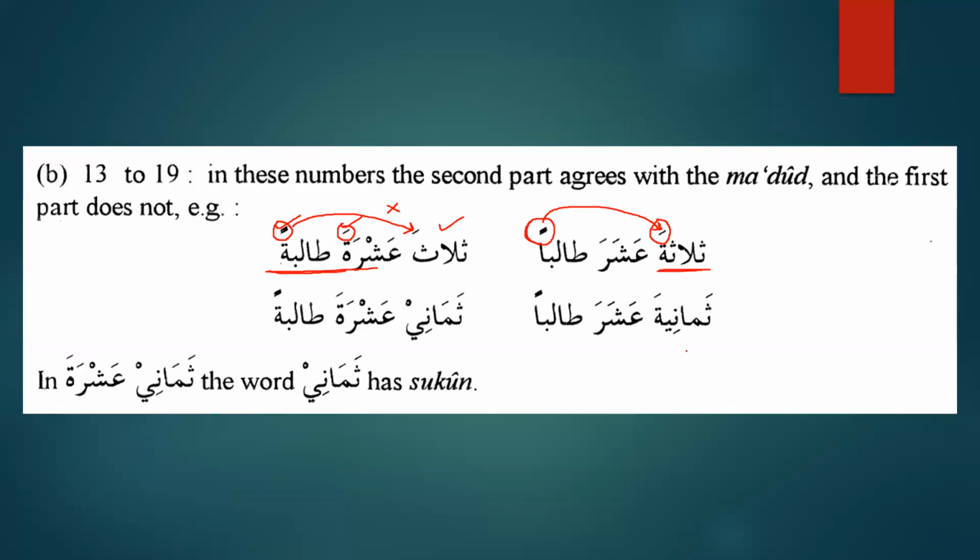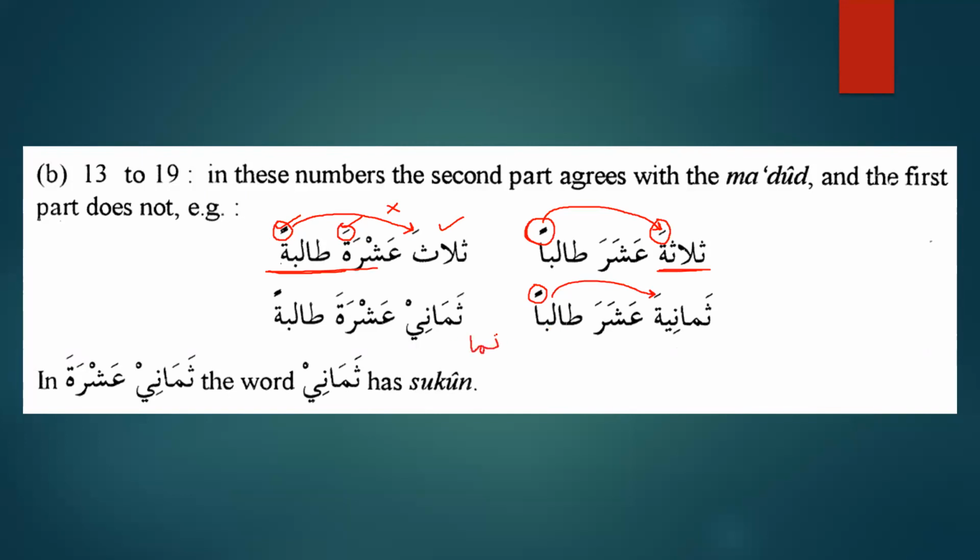Similarly, we want to say 18 masculine students. So we will say ثمانية عشر طالبا. So we can see Taliban is masculine, and the first part will be always feminine. But you want to say 18 feminine students. Now we know that thamani is basically thamanin, and this is ismul manqus.